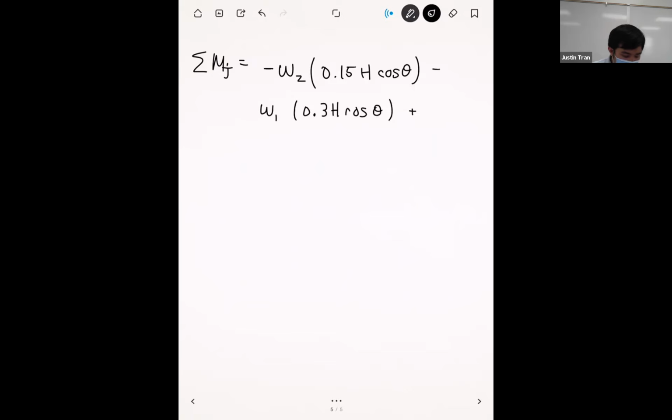And then we have plus the contribution from the muscle force. So it's going to be plus Fm times sine alpha, because we have to get the component of the force that's perpendicular to the spine. And we're going to multiply this by the moment arm, which is 0.2 H. And all of this is equal to 0.